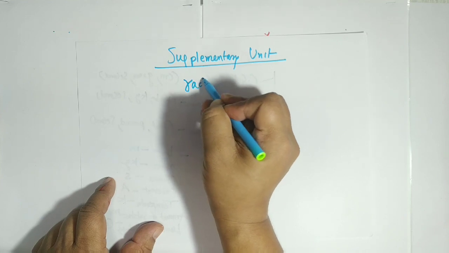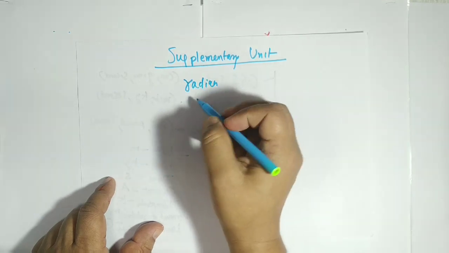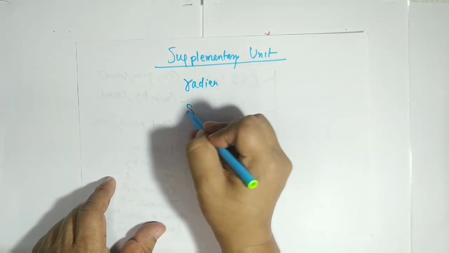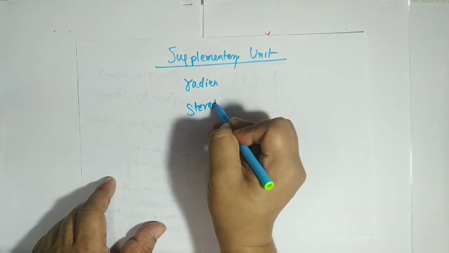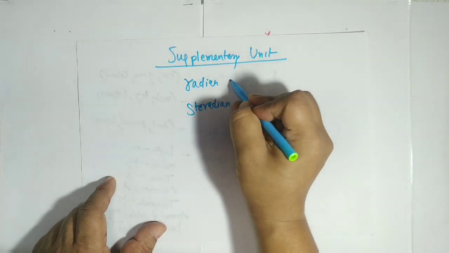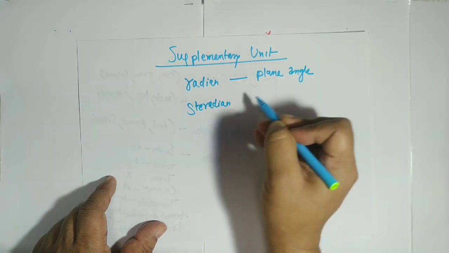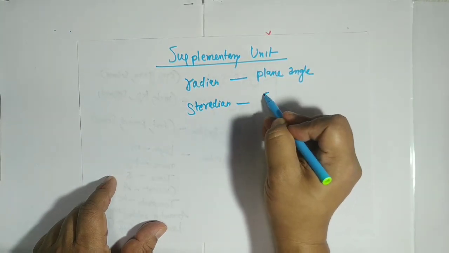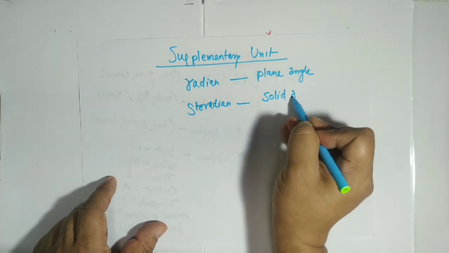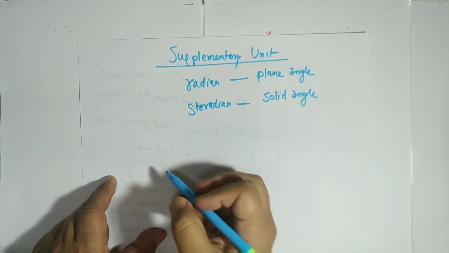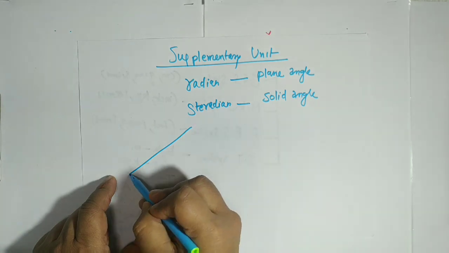One is radian and one is steradian. One is used for plane angle, like when you measure an angle, and the other is used for solid angle.